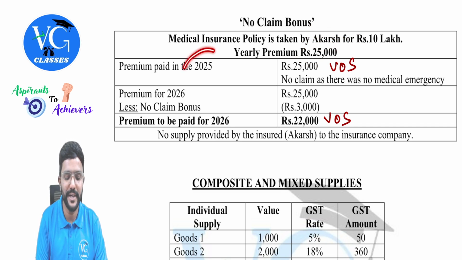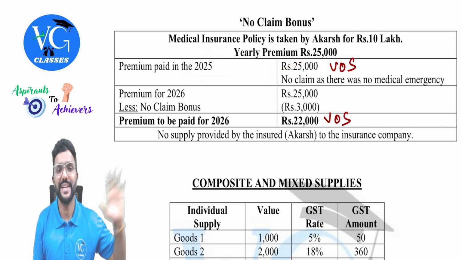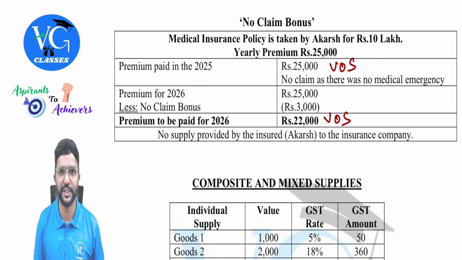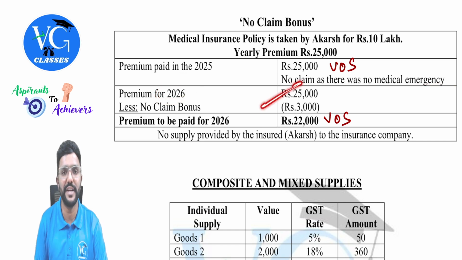He has paid 25,000 premium in 2025. So what is the value of supply for the insurance company? 25,000, that is whatever premium they are charging. And there was no medical emergency for Akash in the year 2025, so he didn't claim any amount from the policy. So in the year 2026, he was supposed to pay again 25,000.